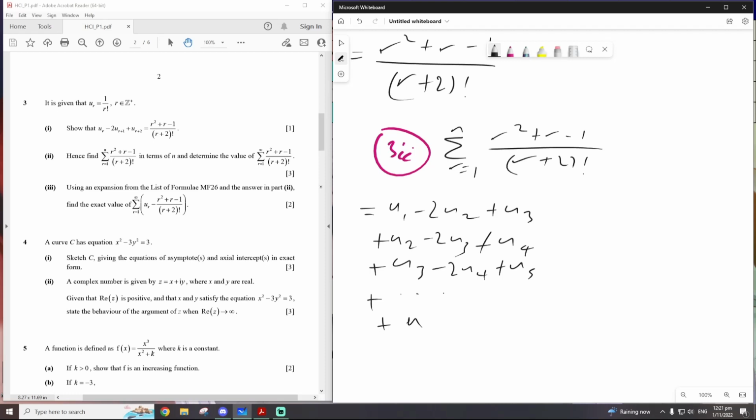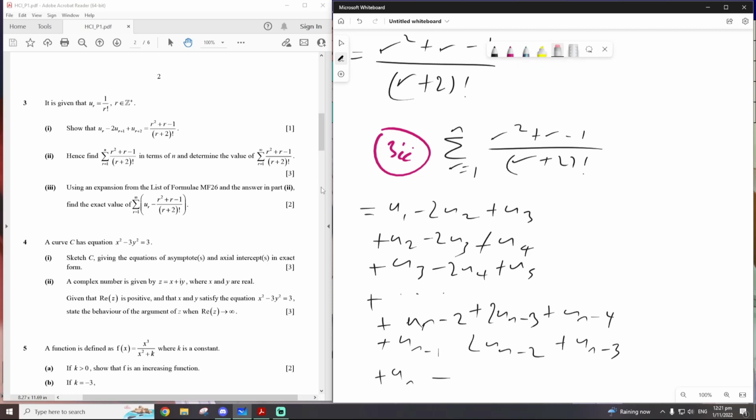UN minus 2 plus U2, UN minus 3 plus UN minus 4 plus UN minus 1 plus 2UN minus 2 plus UN minus 3 plus UN minus, wait, did I write plus here?